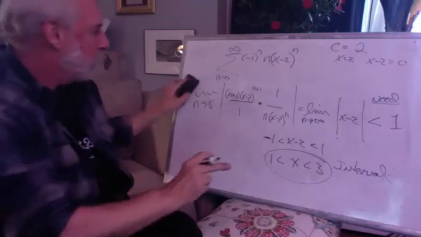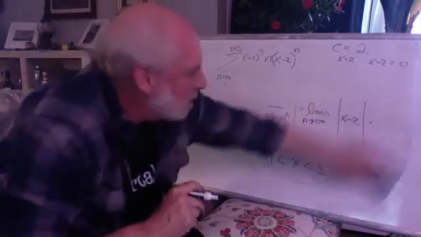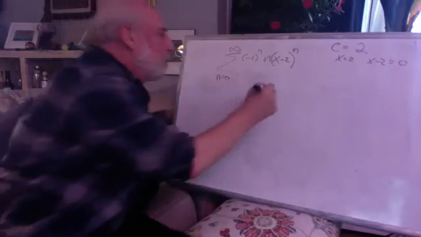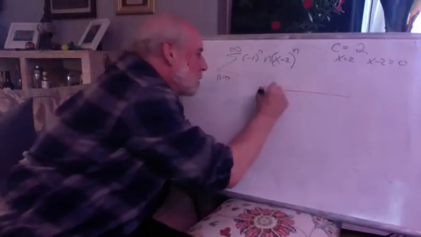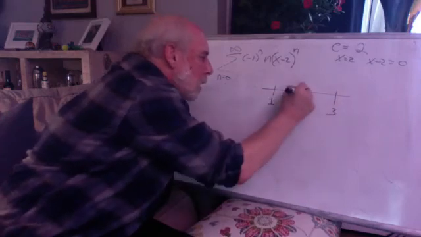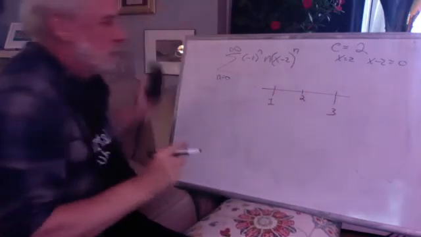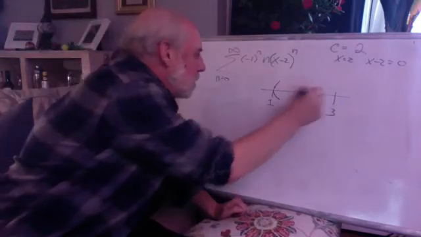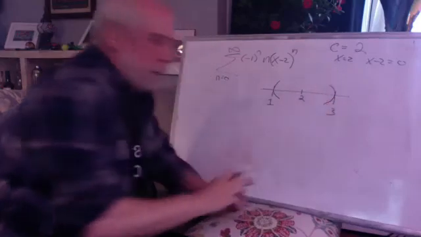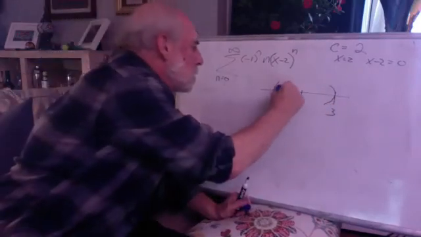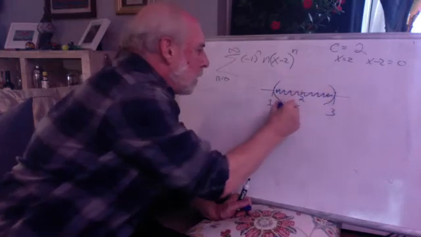So now I'm going to draw this picture. So 1 and 3. So far we know this. And right here is the center. So far we know that between these two numbers, we will converge.